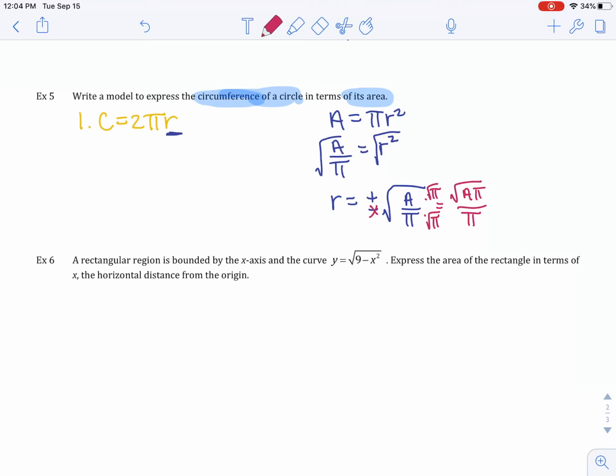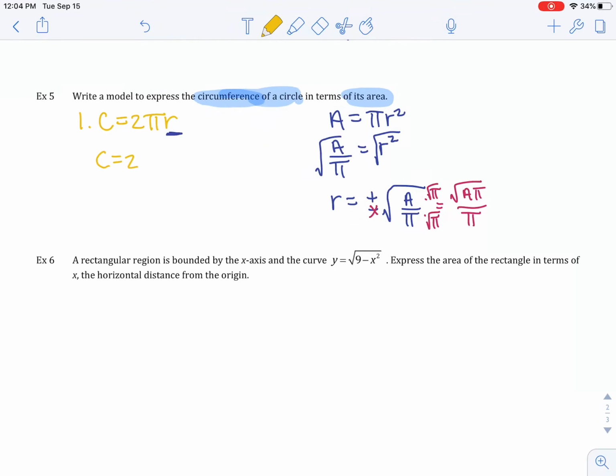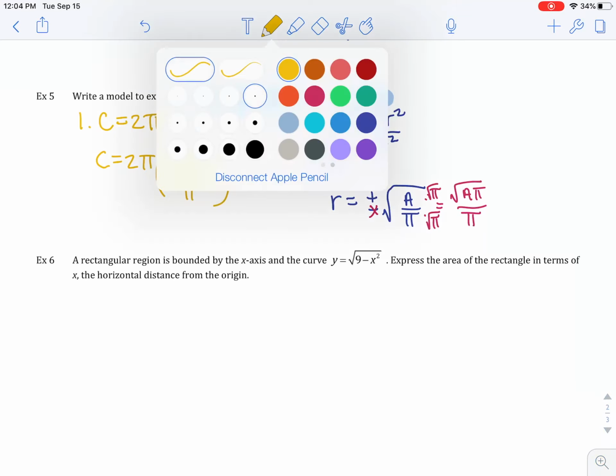Last but not least, we need to just plug in r now. So I go back to my circumference, 2 pi. I plug in what r represents, so square root of a pi over pi. Clean up. If I'm capable, I am in this one.